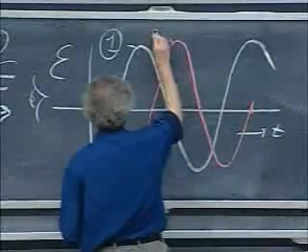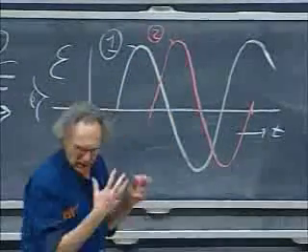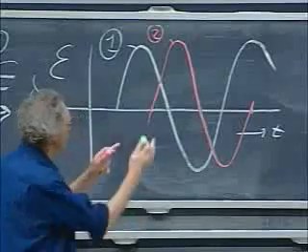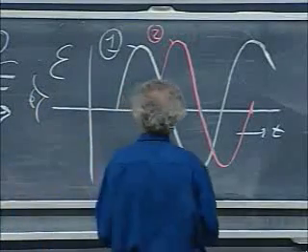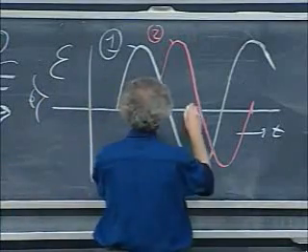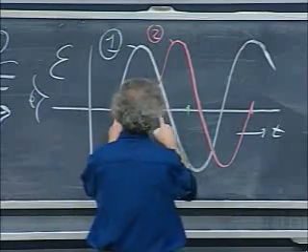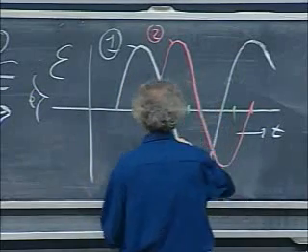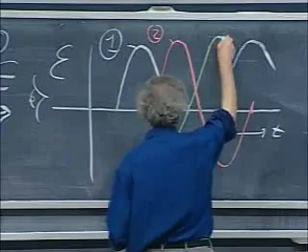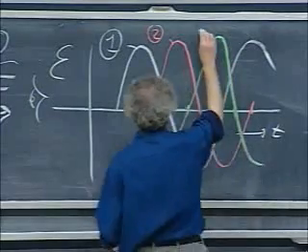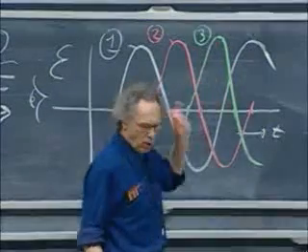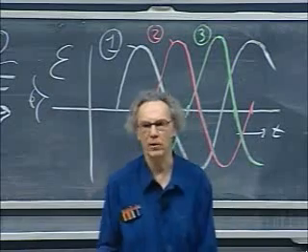So this is loop number 2. Comes a little later in time. And number 3 will again be offset. Will look like this. Number 3. And this we call a 3-phase current.